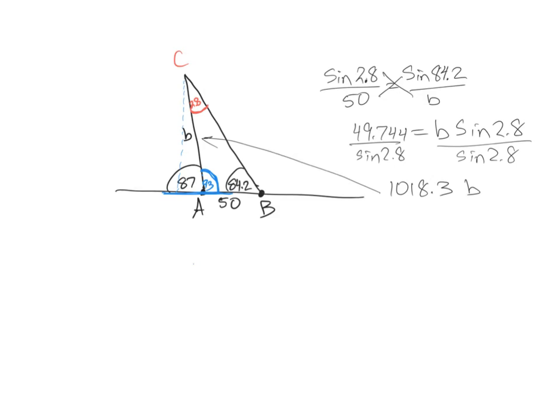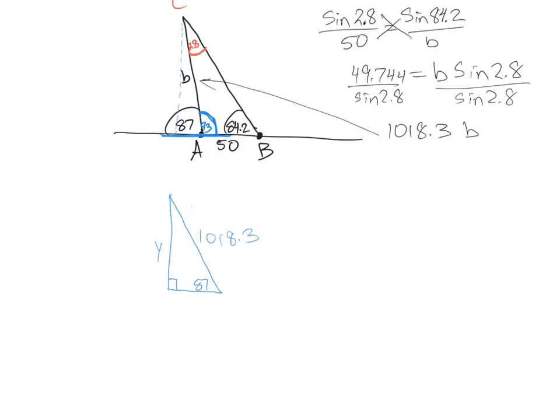Now that we've drawn it separately, do you see which trig function you can use now to solve this? It is a 90-degree right triangle. You can use SOHCAHTOA at this point. You have a degree given, you have the opposite side that you want, and you have the hypotenuse.